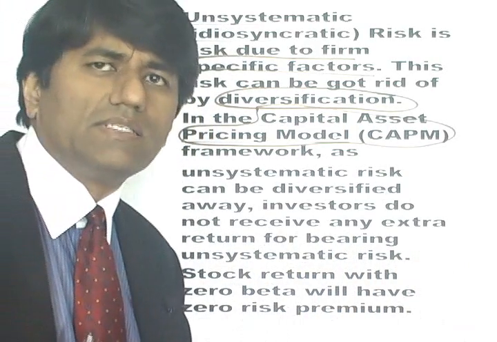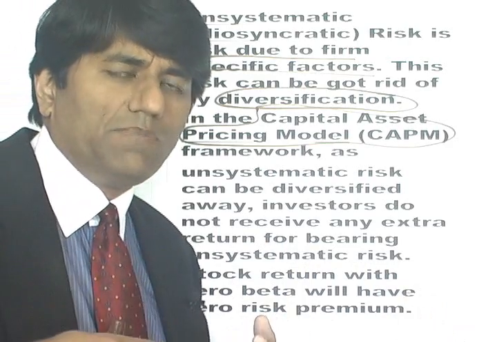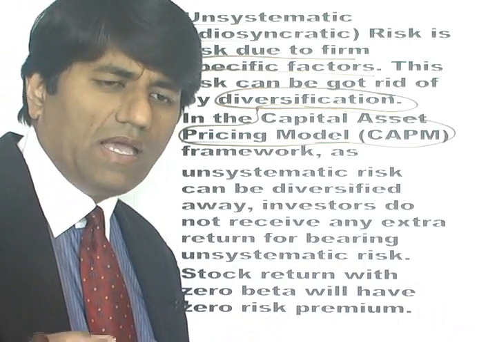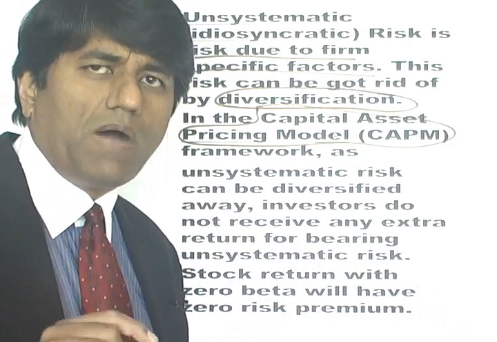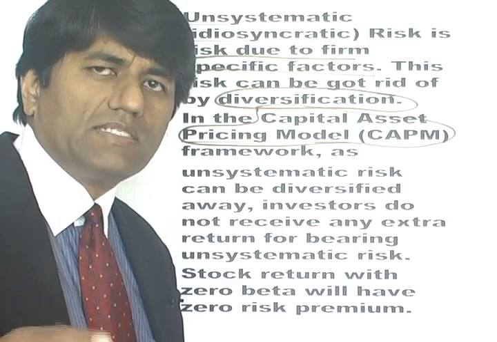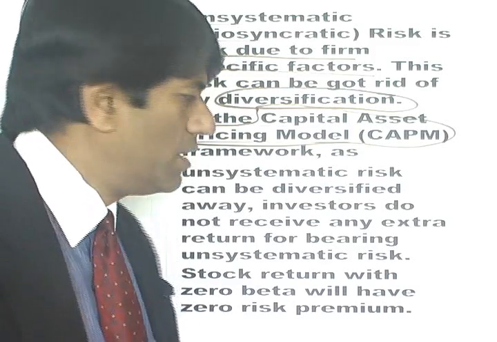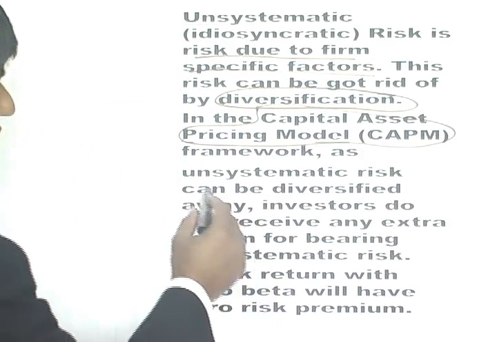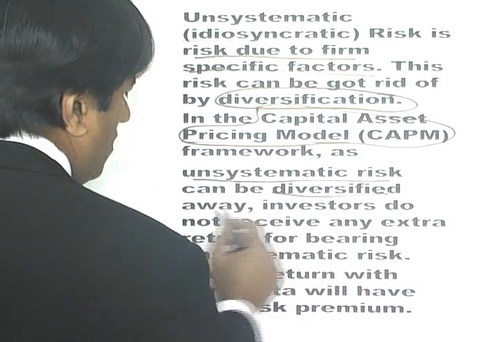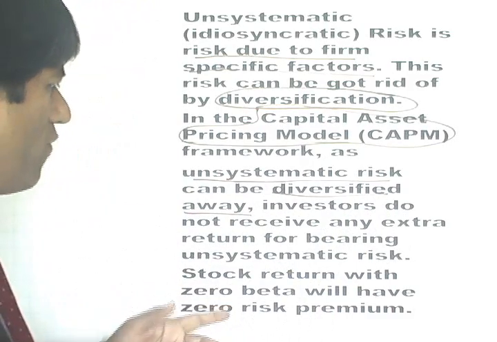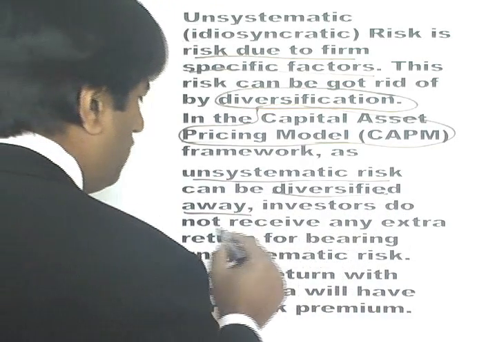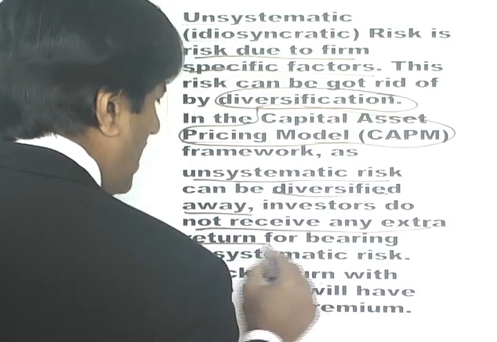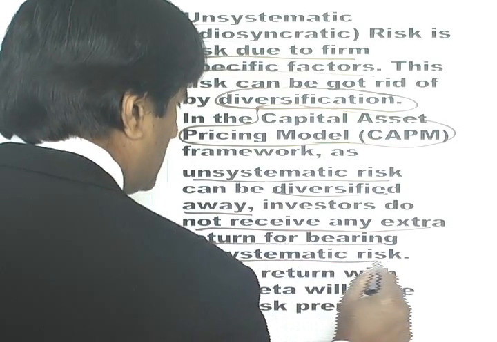I would take on unsystematic risk because it won't have an impact on my portfolio, because the asset is such a small part of my portfolio that the unsystematic risk vanishes. And that's the idea behind CAPM. So unsystematic risk can be diversified away, and therefore investors will not receive any extra return for bearing unsystematic risk.